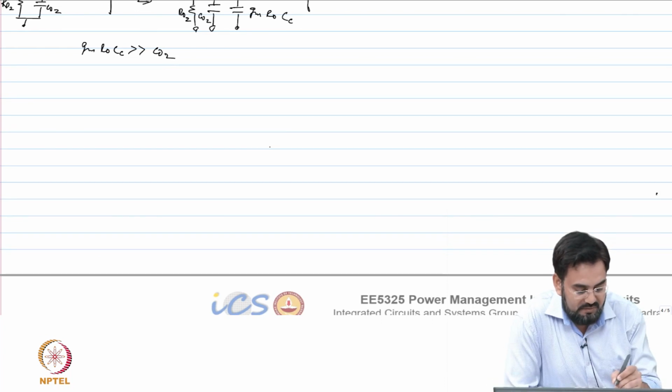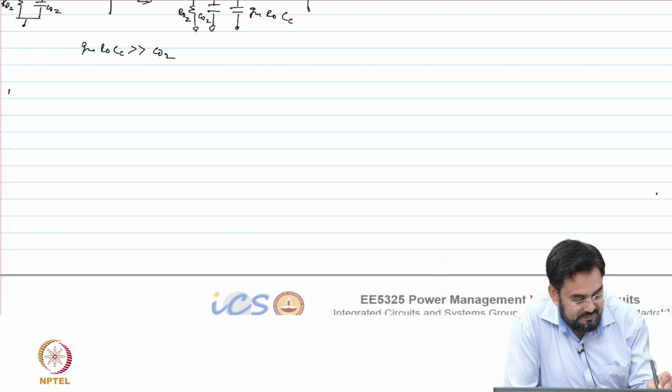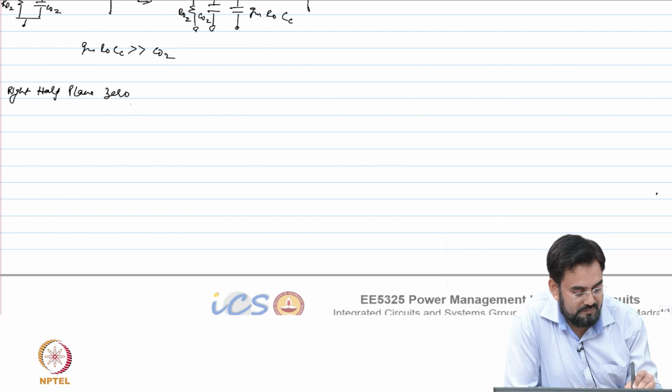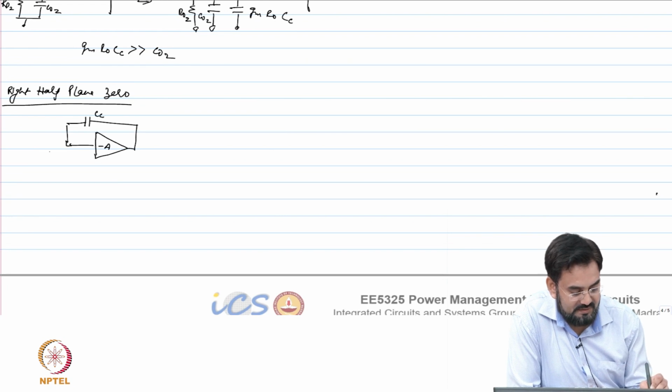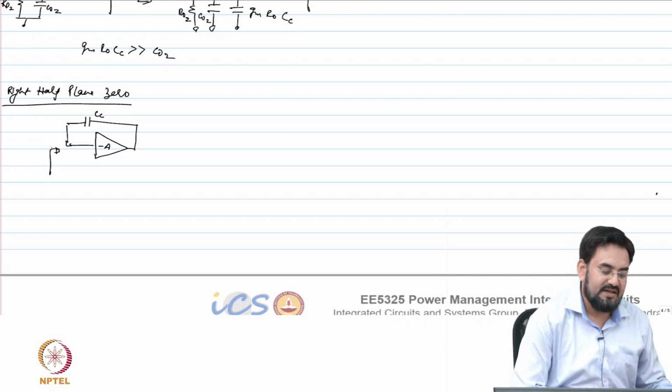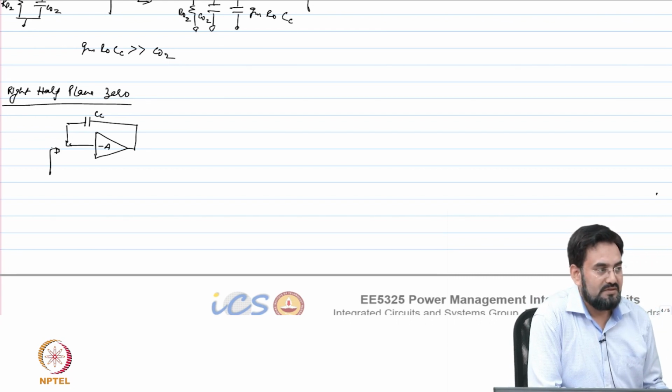So let's look into right half plane 0. So if you consider this case and put your capacitor in the feedback, CC. So from here it's very hard to determine that it really has a right half plane 0, because we are considering an ideal amplifier.